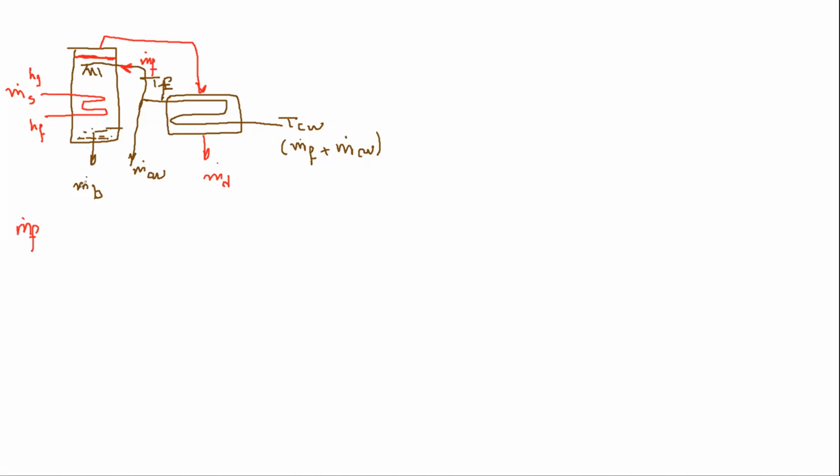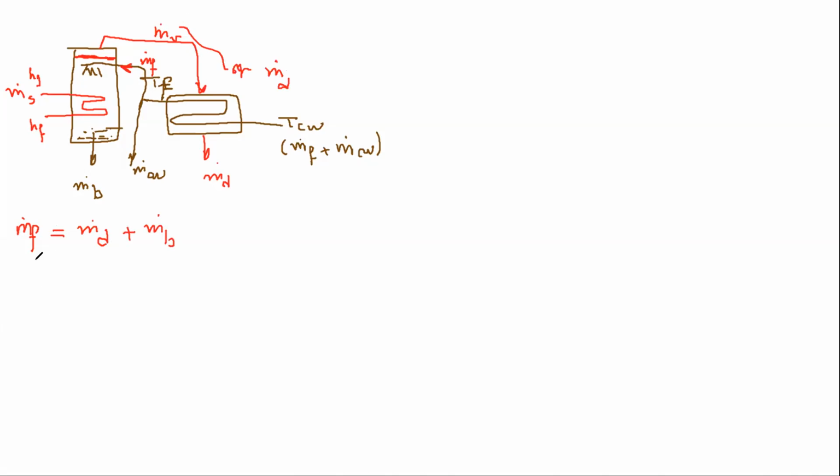Part of it will leave as brine and part is going to be leaving as vapor. So the balance says that this feed, part of it is going to evaporate, which is m dot distillate or m dot vapor, and part of it is going to be rejected as brine. We alternate between these two parameters.